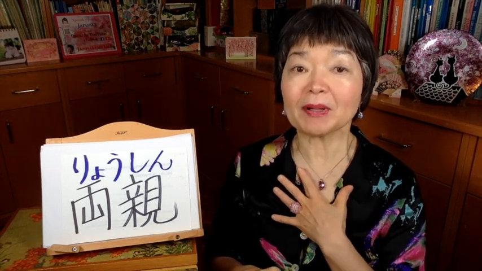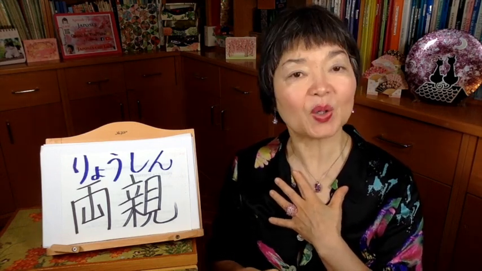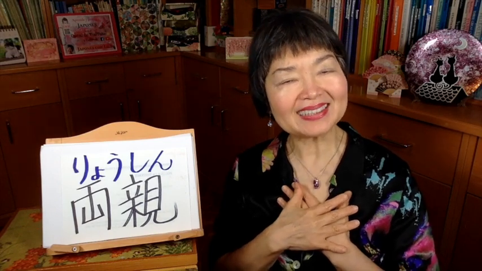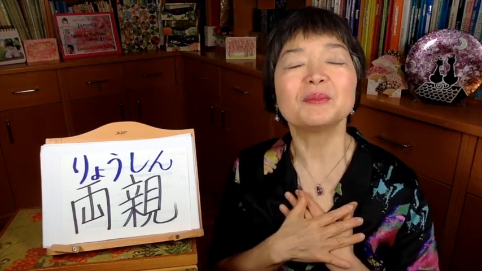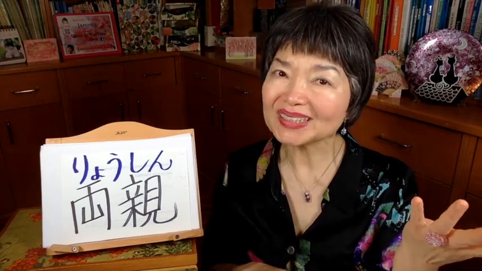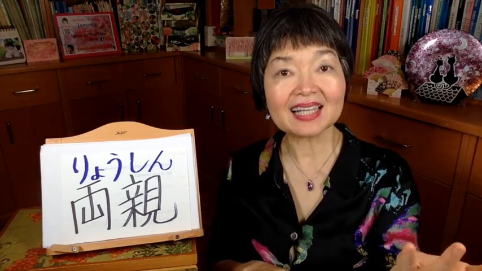If I want to say it with more respect, I can put ご, ご両親. For example, if I talk about my parents, I don't say ご両親. For example, 私の両親は元気です. My parents are good. But あなたのご両親はお元気ですか? How are your parents?